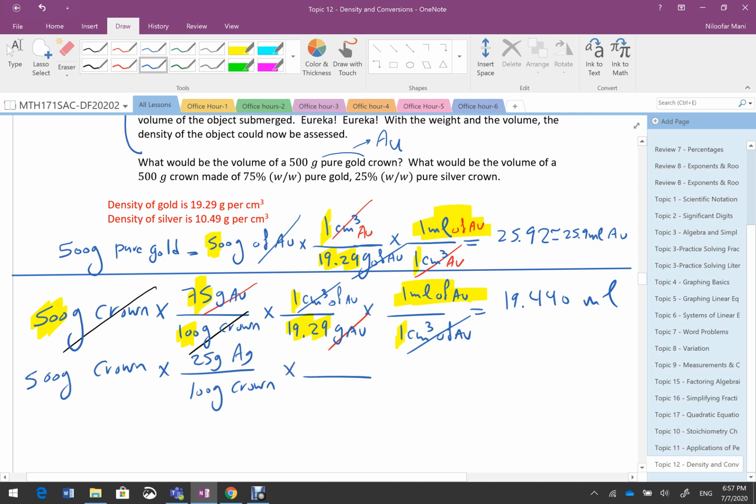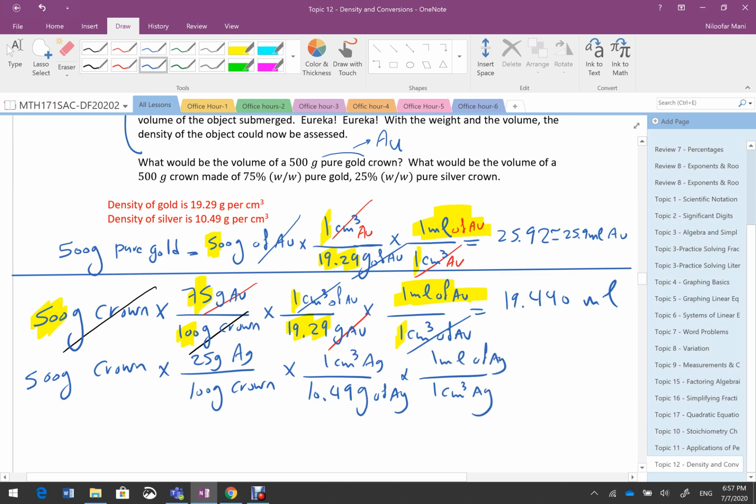What is the density of that? The density of silver is this many gram per 1 centimeter cube of Ag, and 1 centimeter cube of Ag is 1 milliliter of Ag.